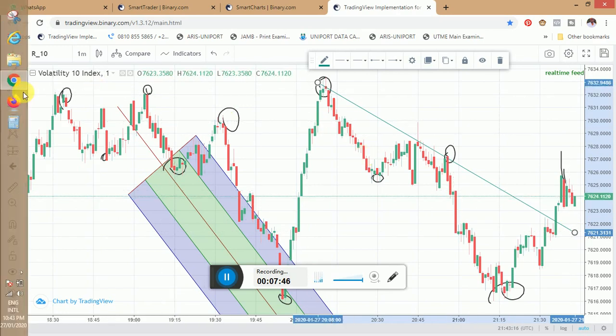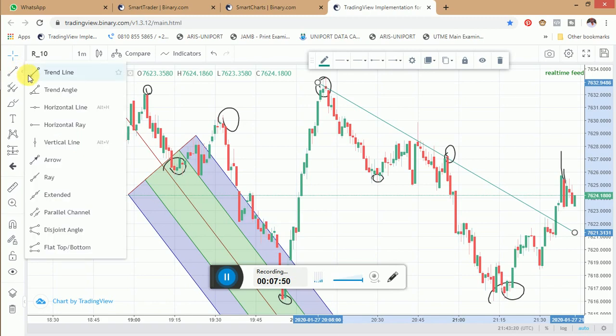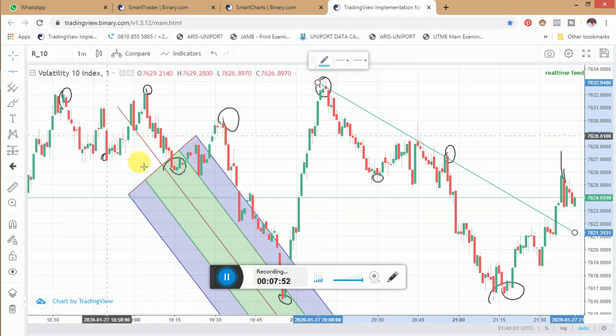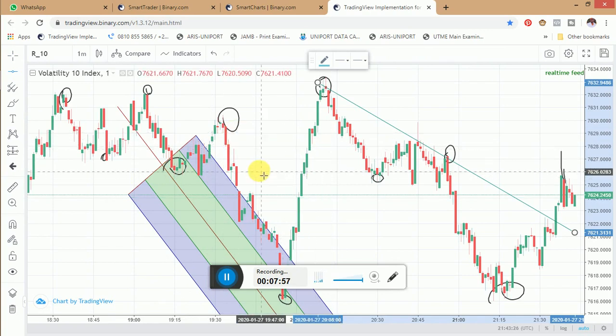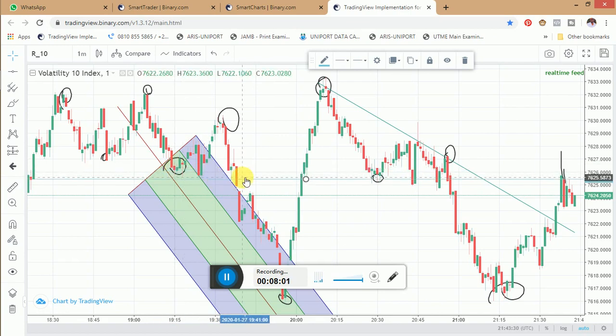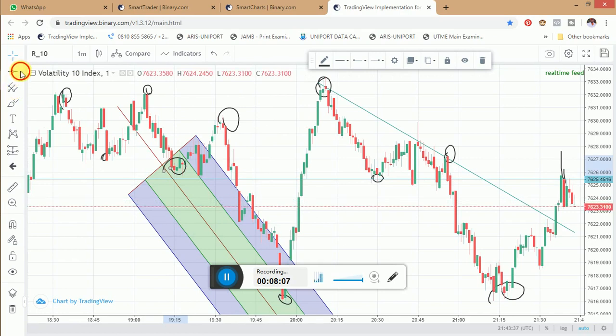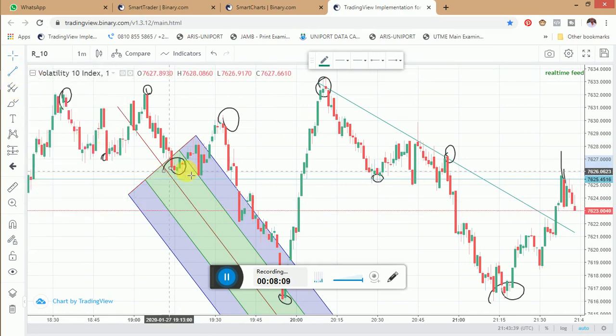Then, apart from that particular one, you can also apply another drawing. Let's say, okay, let me use this one too. That one was a horizontal line drawn. Let me use that trend line to just analyze something.